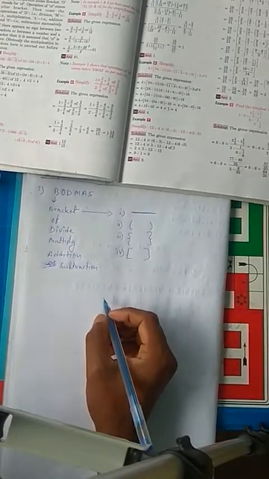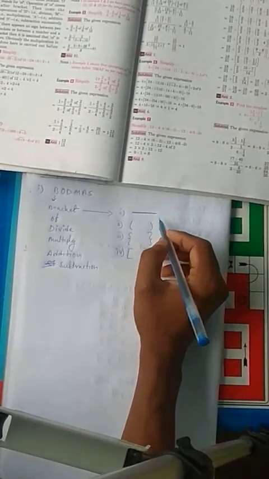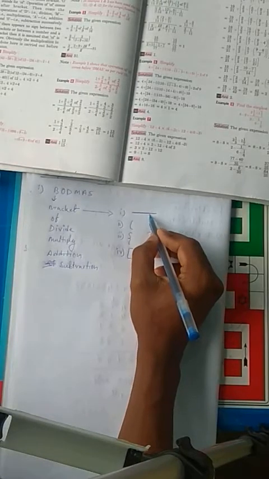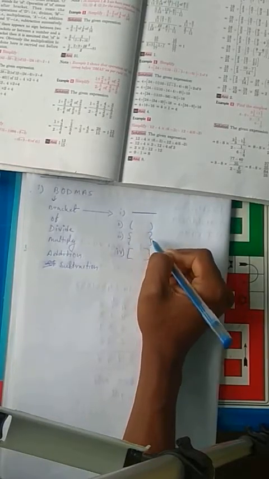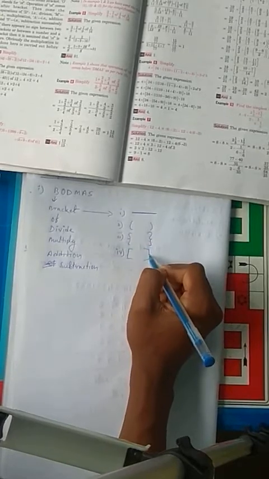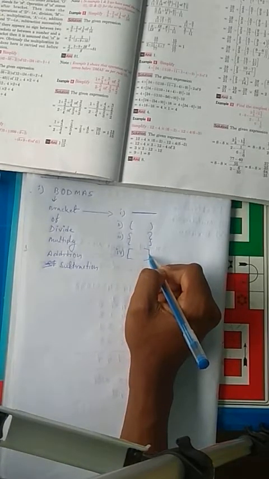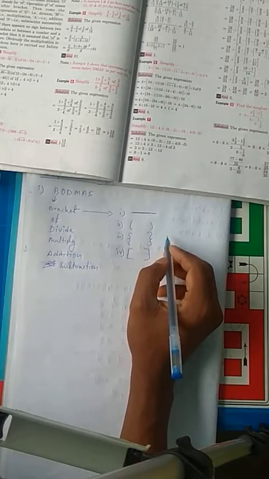Look at that: that is the first bracket, that is second, that is third, and that is the fourth bracket. First of all, the operations of the brackets are to be done.